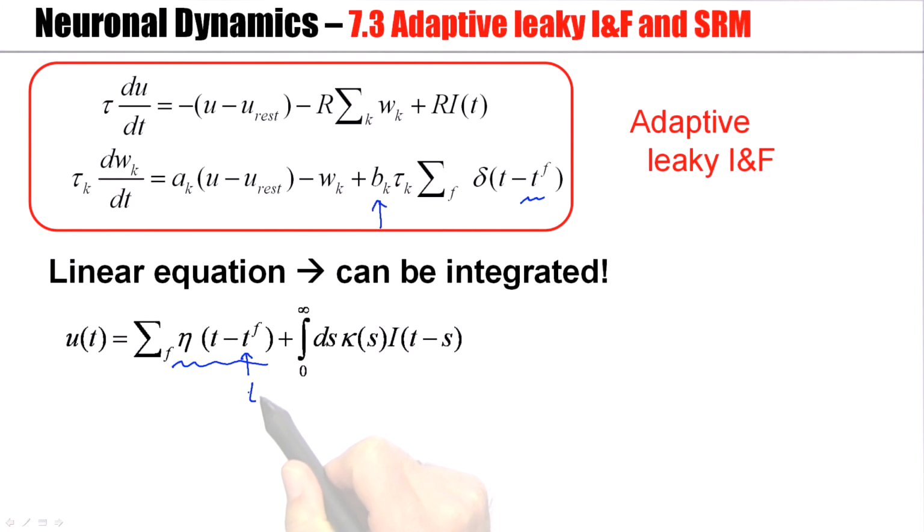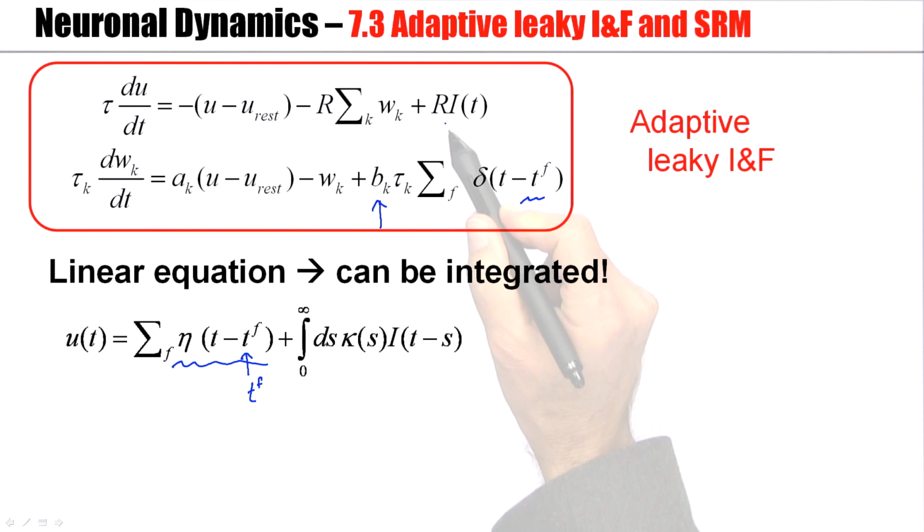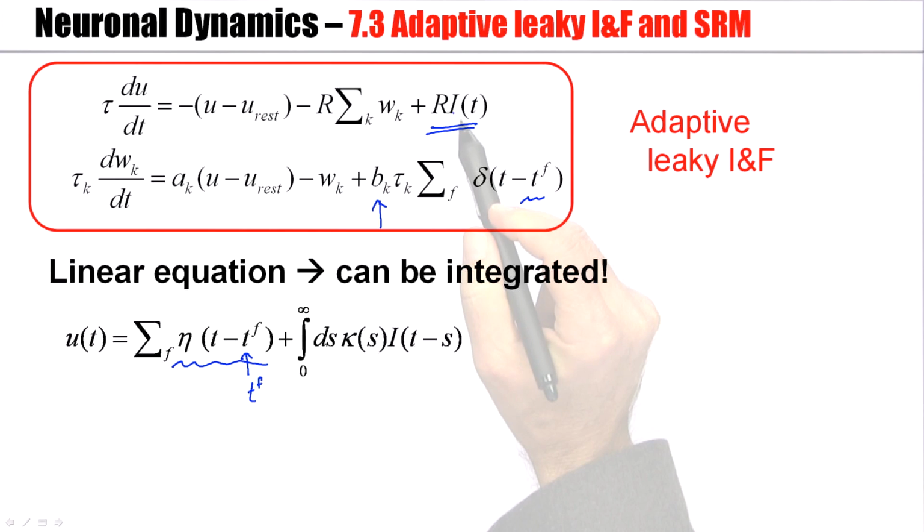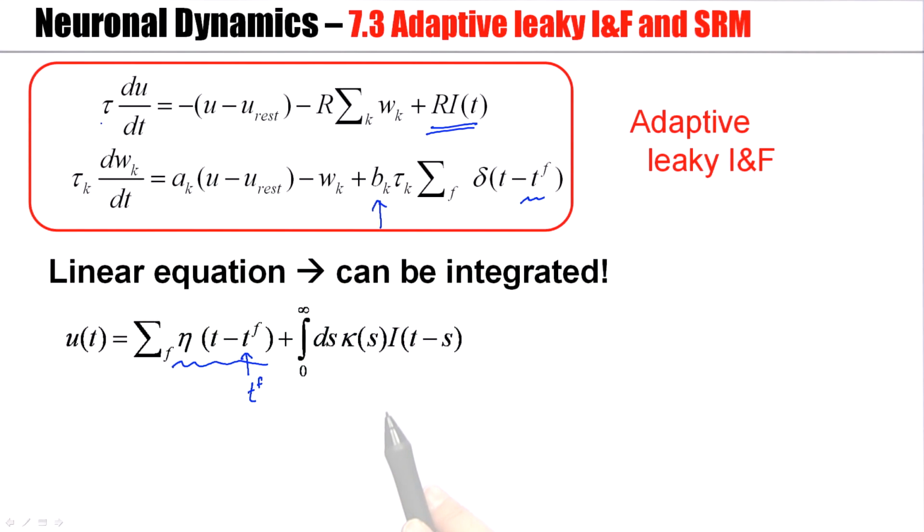past at time t^f. Similarly, if we start with the input here, the input goes in this linear differential equation, and we know how to integrate such a differential equation. And the result is this term here.